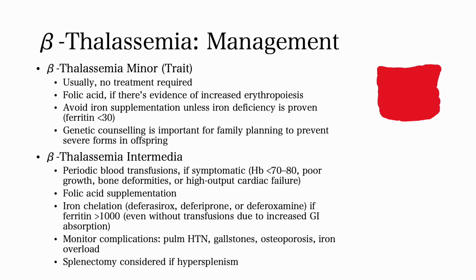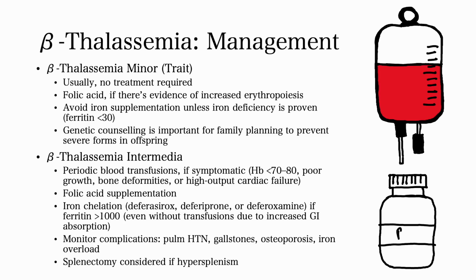When it comes to beta thalassemia intermedia, these patients might require periodic transfusions if symptomatic or if their hemoglobin's less than 70. Also if the children are having poor growth, if they have bone deformities or high output cardiac failure. Folic acid again might be indicated to support erythropoiesis.